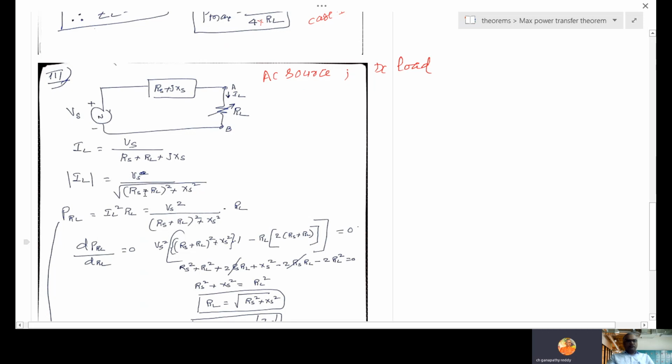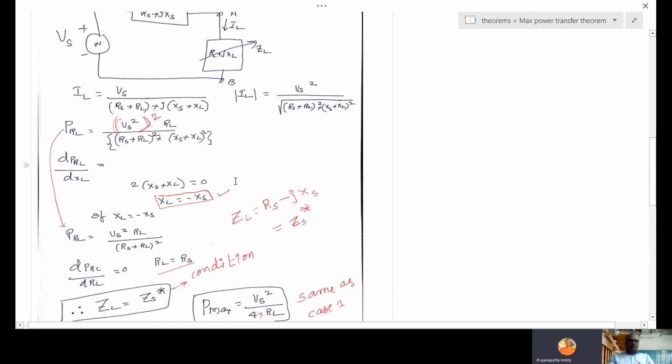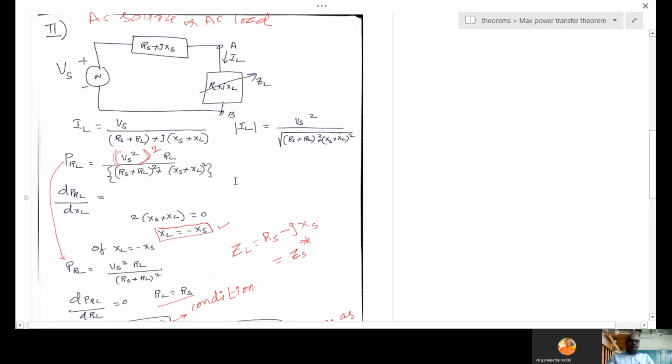Magnitude of IL is Vs by the magnitude of the denominator. Here also IL magnitude is Vs only, by root of this; the earlier square was a mistake.